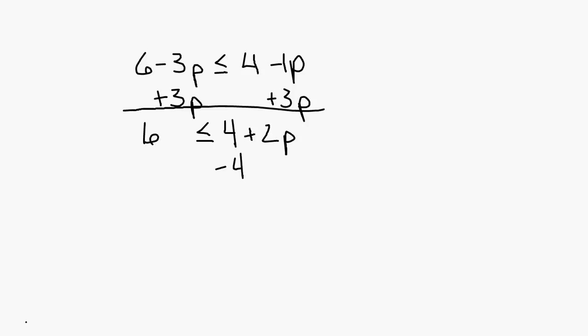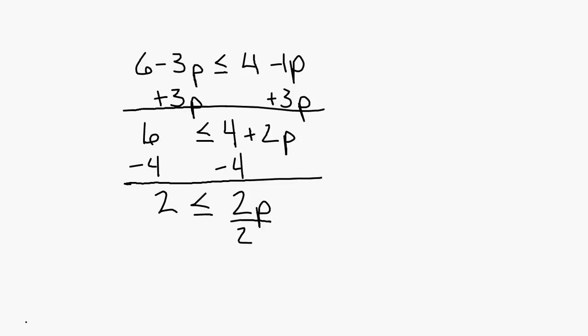If you subtract 4 from each side, 6 minus 4 is 2, and that's less than or equal to 2p. And now you can divide both sides by 2. The 2's will cancel. And 2 divided by 2 is 1 is less than or equal to p.